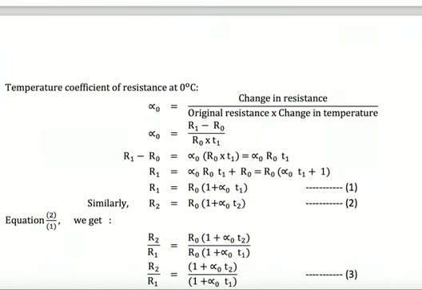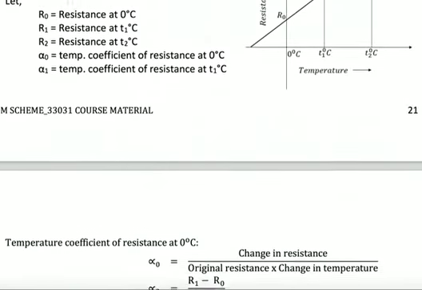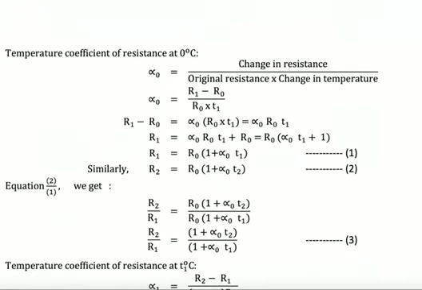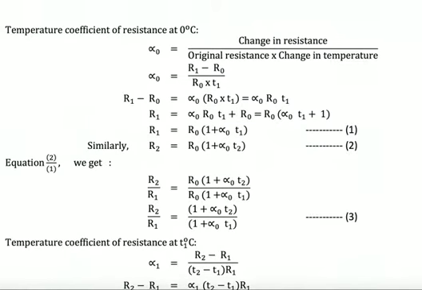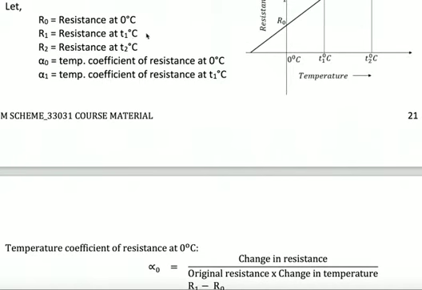Temperature coefficient of resistance at 0 degree C is nothing but the change in resistance divided by the original resistance into the change in temperature. Change in resistance is R1 minus R0, original resistance is R0, change in temperature is T1, where R1 is the resistance at T1 and R0 is the resistance at 0 degree.